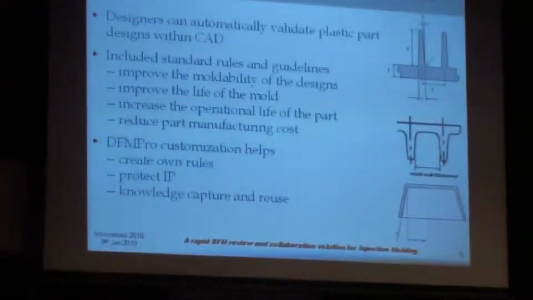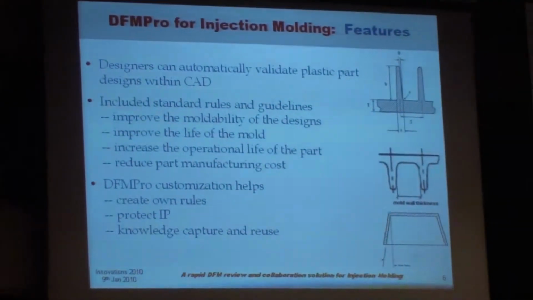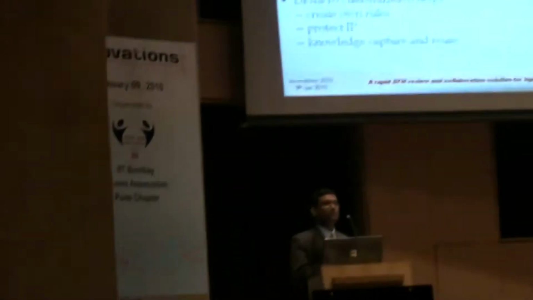So if a mistake is caught in an organization, it can be easily captured into the DFMPro framework so that next time that particular mistake doesn't occur. The greatest benefit of this tool is that it helps to reduce the number of iterations between the design and the manufacturing, and hence it reduces the time to market and cost.